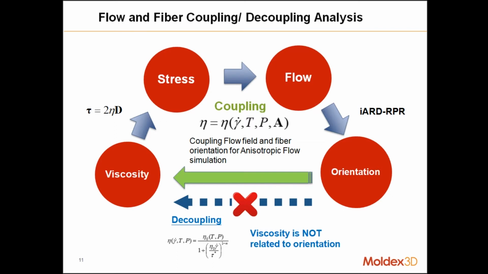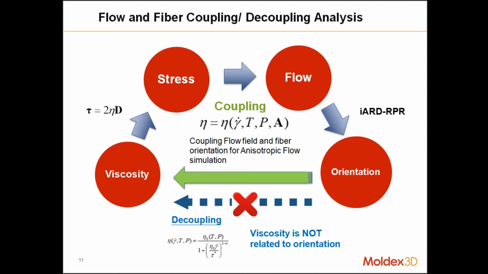And even with this good success story, we're still trying to improve our fiber model. We keep developing a new solver, the enhanced fiber solver, to improve our fiber prediction result, which we call fiber coupling.